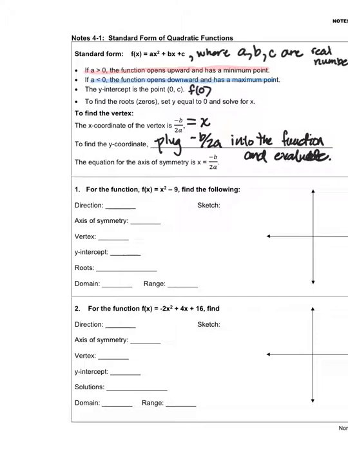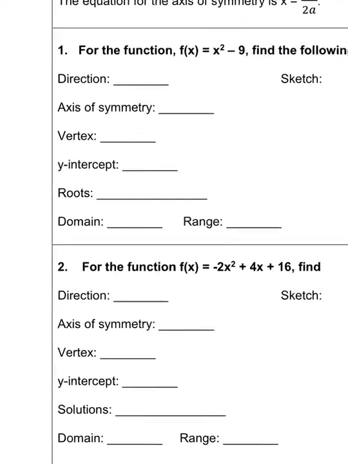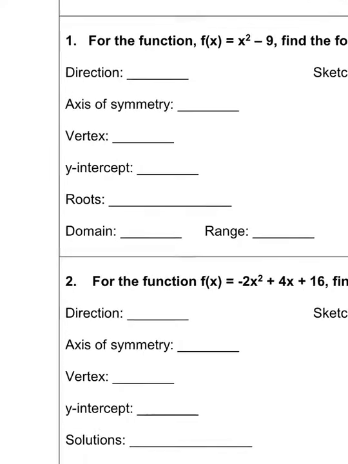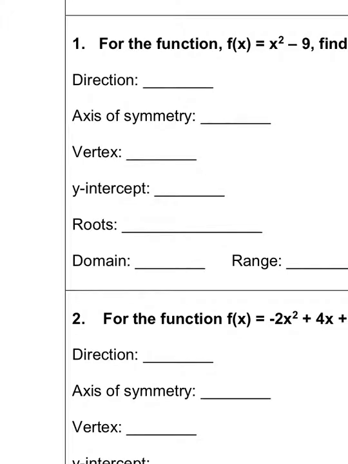All right, so let's look at an example. So number one, for the function x squared minus 9, we want to find the following. We want to find the direction. Well, the number in front of the x squared, there's nothing there, so we understand that to be a 1, and it's positive, so that means my direction is going to be up. The formula to find the axis of symmetry is x equals negative b over 2a, but the problem is, if you notice, there's no b value.